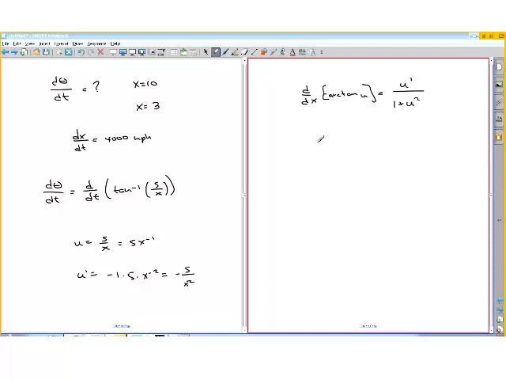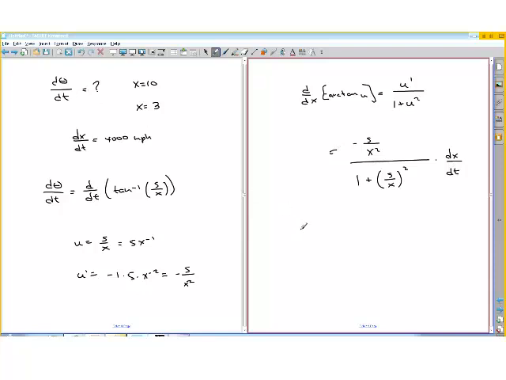Now we're taking the derivative with respect to t, so we get negative 5 over x squared, that's u prime, divided by 1 plus u squared. So u is 5 over x, squared. So I've got u prime over 1 plus u squared. And then I multiply by dx dt. That's the related rate situation.